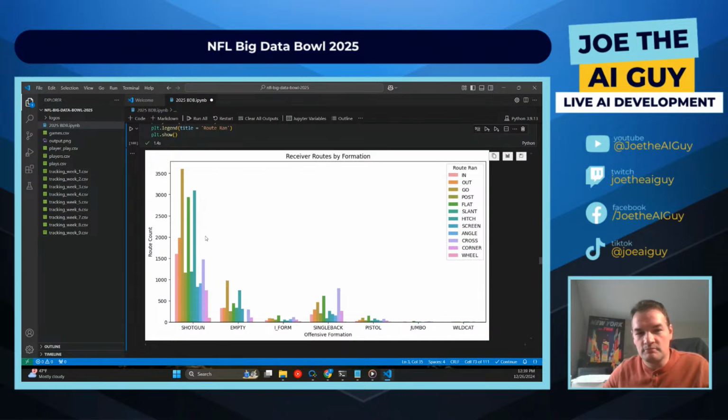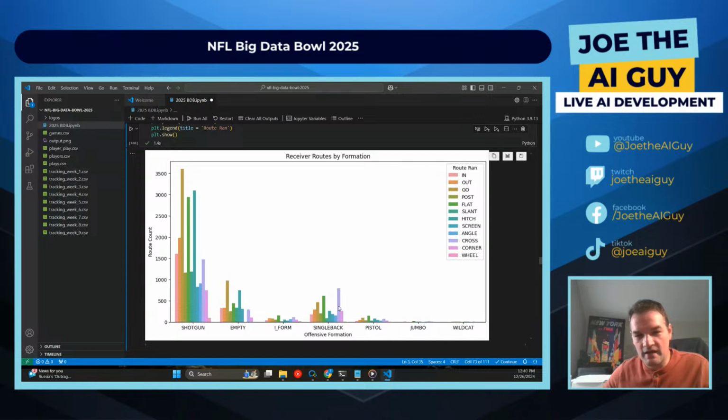You see here, most of the pass plays would run out of the shotgun formation. And you can see the majority of the routes here were go routes. Then go, flat, and hitch routes. And just generally speaking, even out of the empty backfield here, similar things happen.